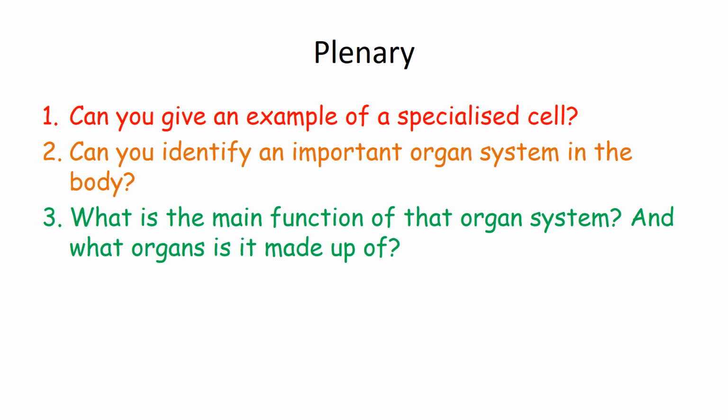And the organs it is made up of really depends on what organ system you have chosen. So just as a quick example, the nervous system is comprised of the brain and nerves and neurons all around the body. You can have the muscle system, which is made up of muscles, tendons and ligaments. The skeletal system is made up of bones, etc., etc.